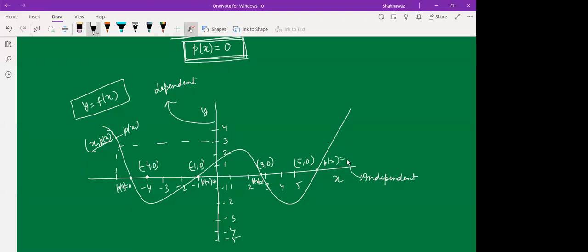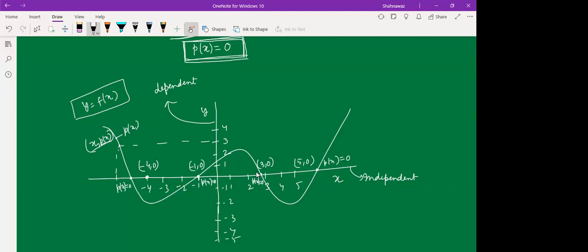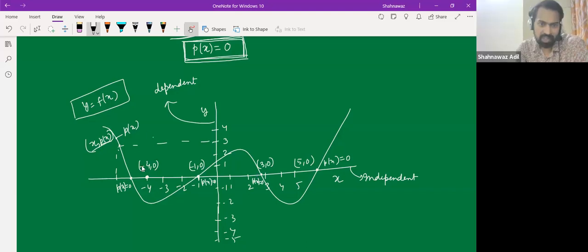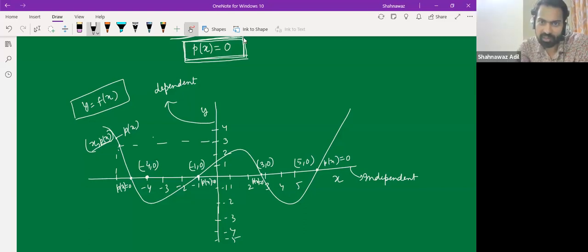So if px is 0, what do we call those points? Zeros of the polynomial, right? Yes, sir.